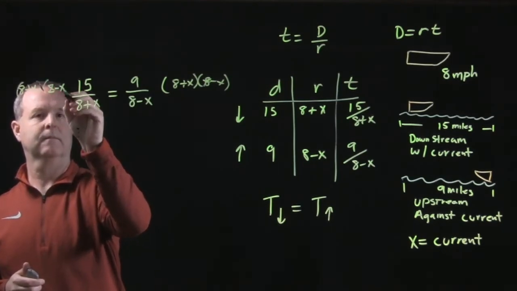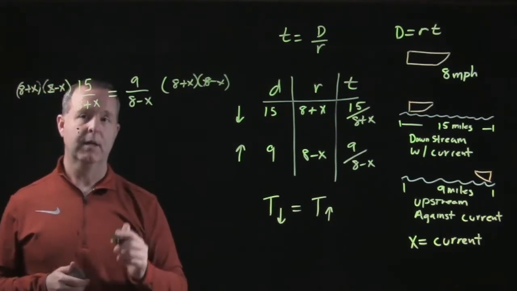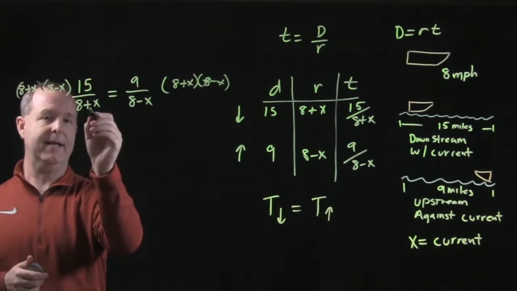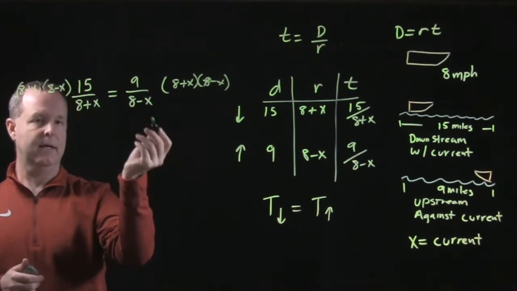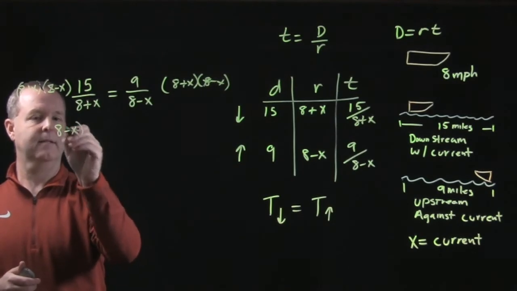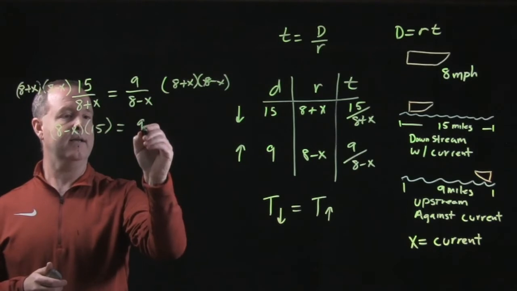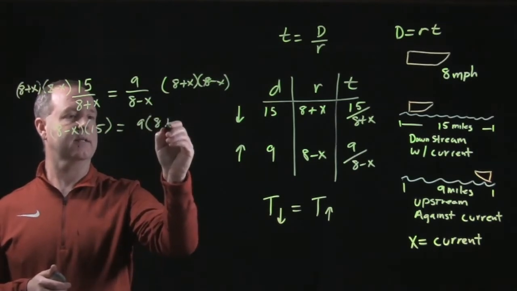Doing that, that's going to clear my fractions. So I'll be left with 8 plus x over 8 plus x factors out. So I'll have an 8 minus x times 15 equals a 9 times an 8 plus x.